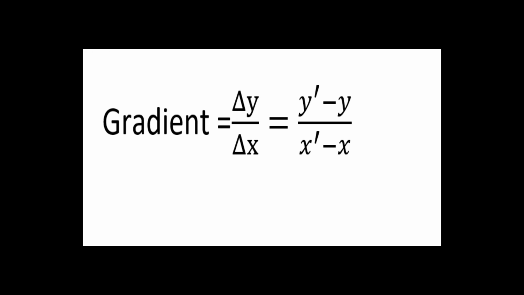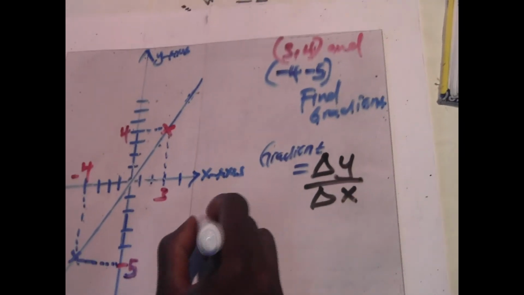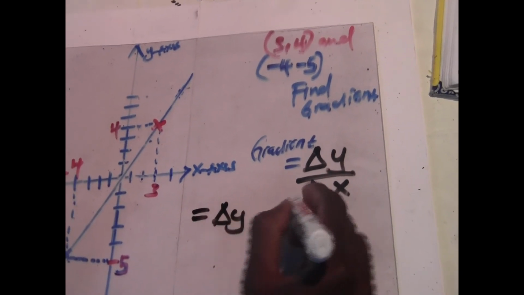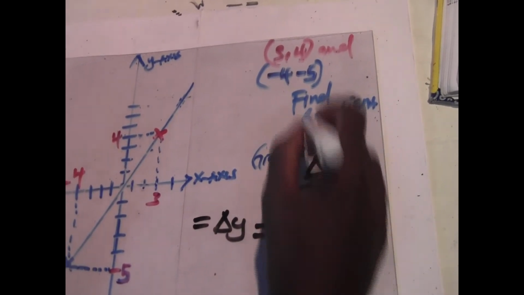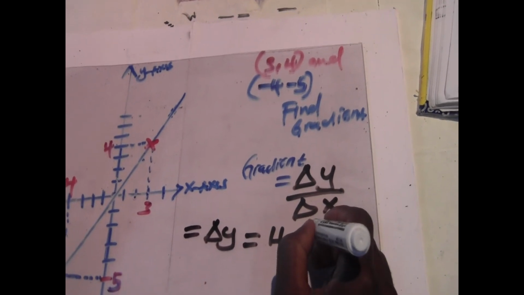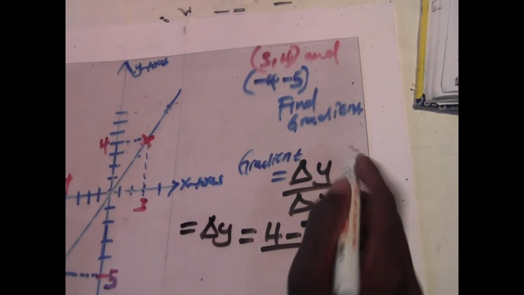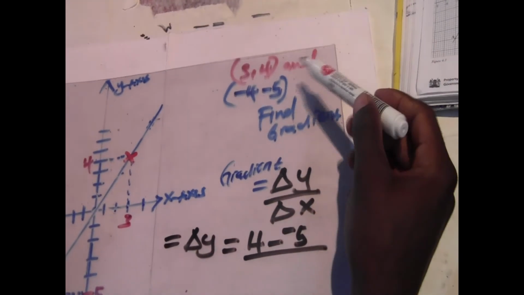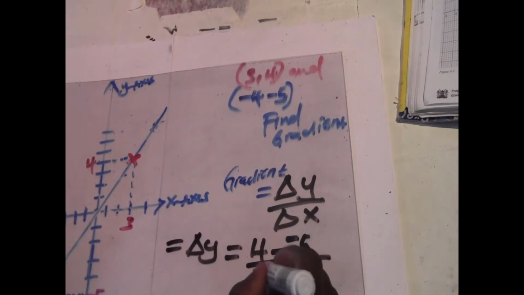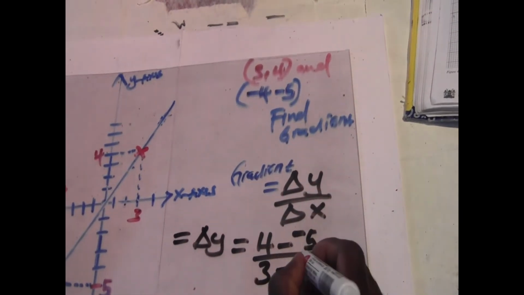First, remember the formula. The gradient is equal to the change in y coordinates over the change in x coordinates. So the change in y will be 4 subtracted by the other y coordinate, negative 5, over the change in x coordinate, where the first x coordinate is 3, subtracted by the other x coordinate, negative 4.